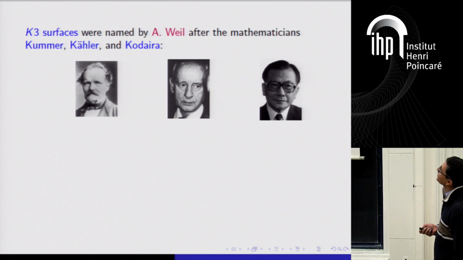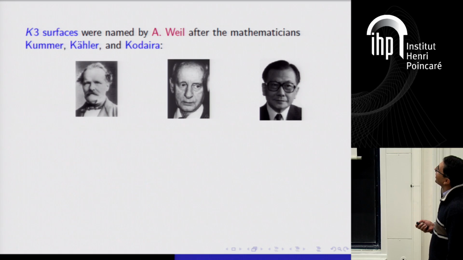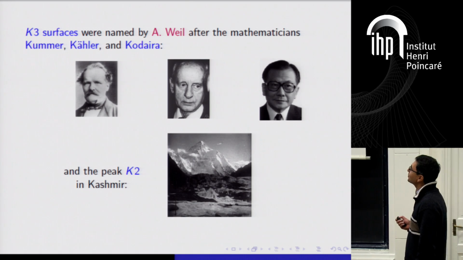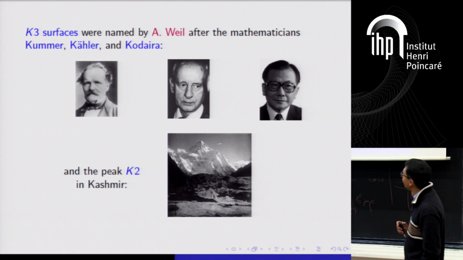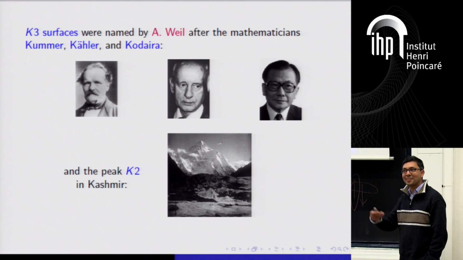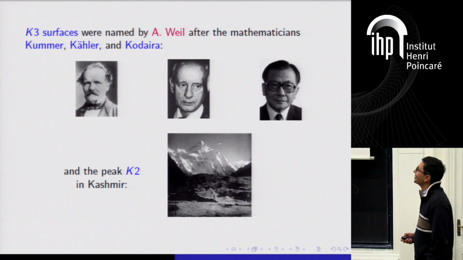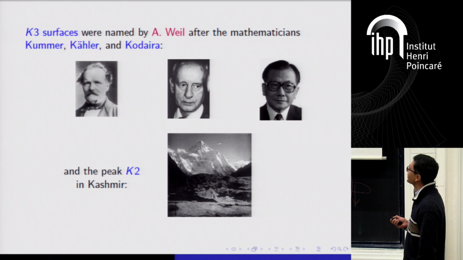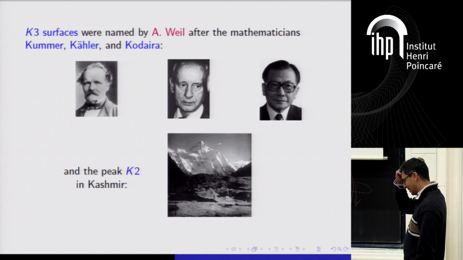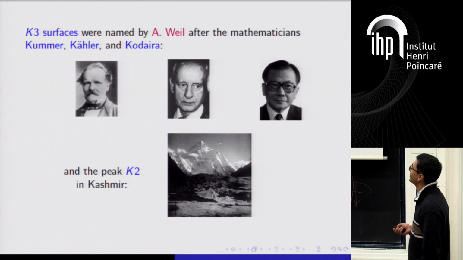And it's always said that Weil had these three in mind, and also the peak K2 in Kashmir. That's what's always said. So that's a picture. This was the first picture of K2 taken. It was taken by a Swiss doctor who was a mountaineer.